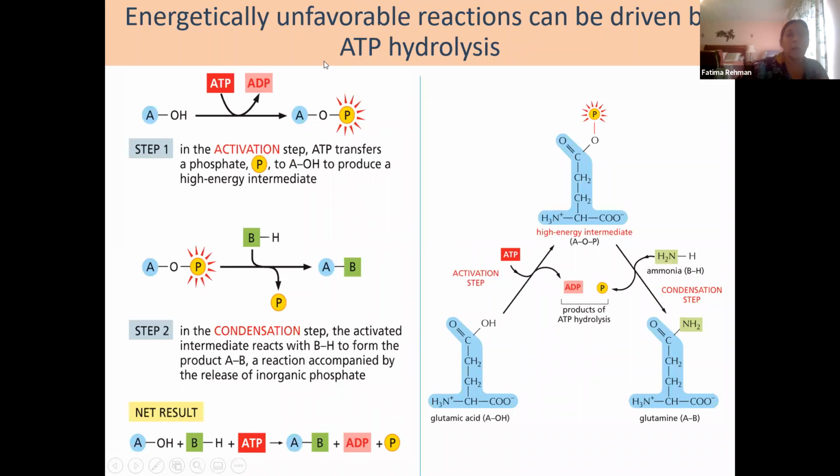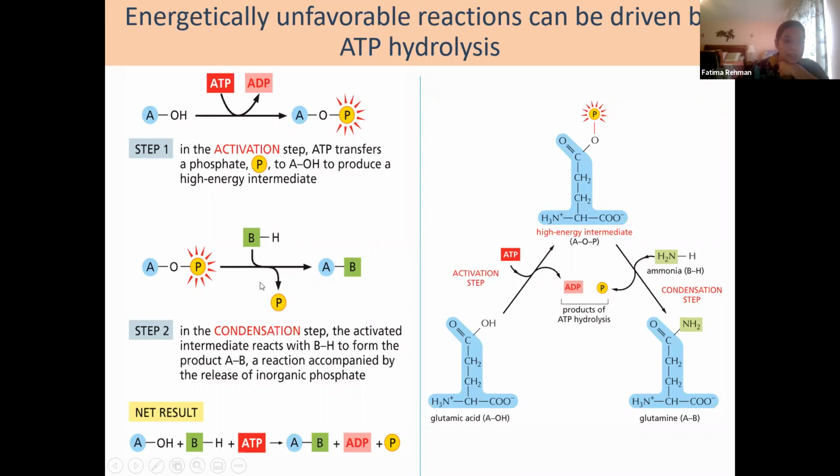So energetically unfavorable reactions are driven by this ATP hydrolysis, where the ATP is converted to ADP. That phosphate that is taken off is then used on your reactants or on your products to create the new step. And so the activation step is where the phosphate is added to your reactant.